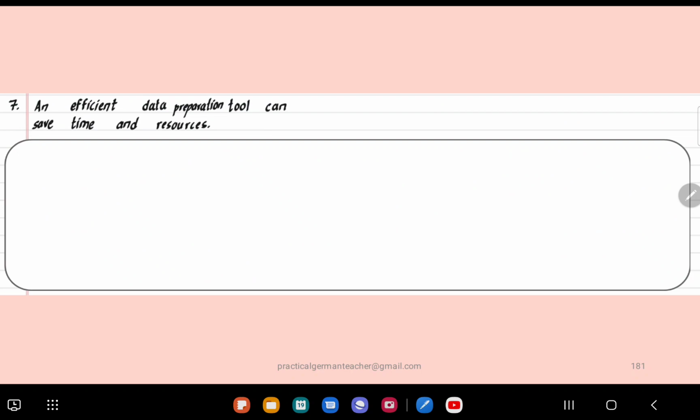An efficient data preparation tool can save time and resources. So this may sound very complicated, but it's not. You are using the modal verb können, and you will know how to say save: speichern, right? Time is Zeit, Ressourcen. You just have to know these words. Efficient, you already know, is effizient.